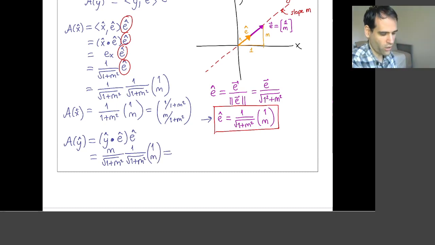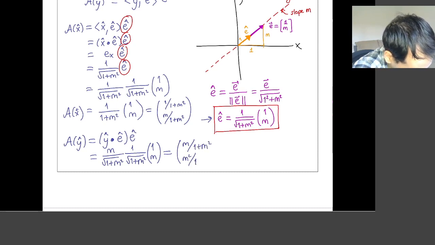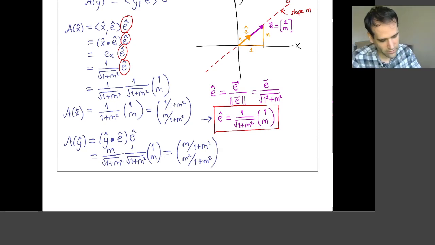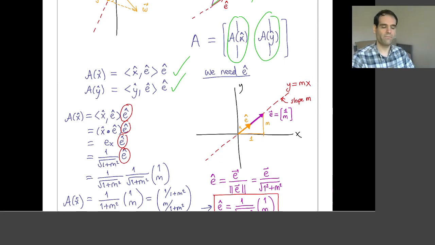If we write it as a column, this is the same as the previous vector, but with an extra factor of m. So this will be m divided by 1 plus m squared and m squared divided by 1 plus m squared. And this will be our second column.